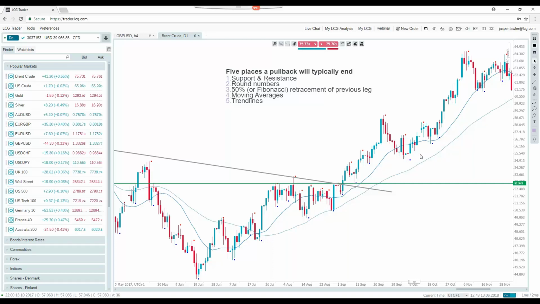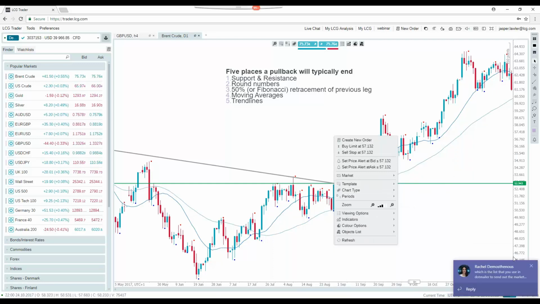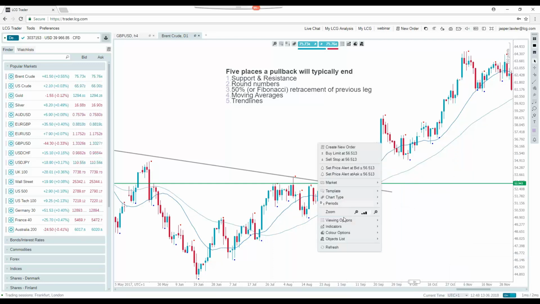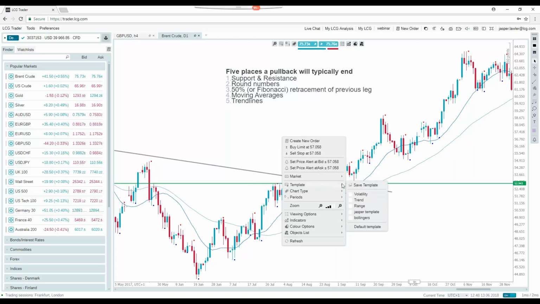So I've just shifted it one to the right. For those of you who are interested, the indicators I have on the screen. Okay, where are we?